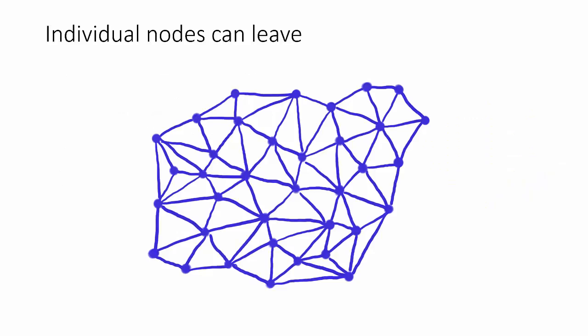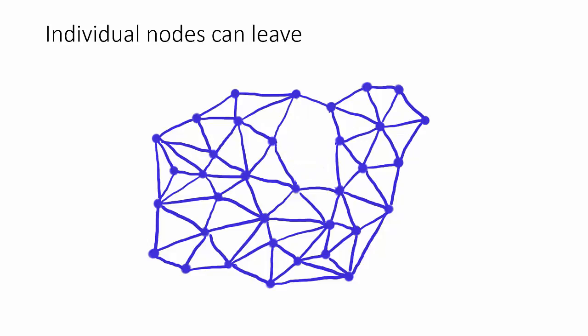As mentioned before, individual nodes may leave. Let's say that a node either leaves the network or fails. This means the connections from it also disappear. We are left with a hole in the network.